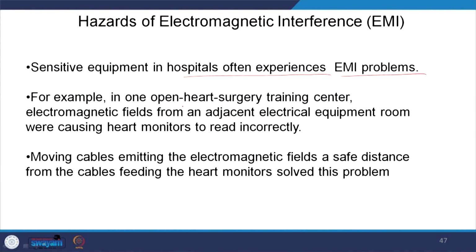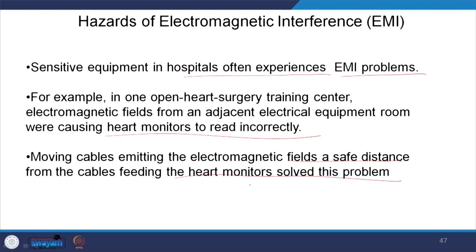For example, in one open heart surgery training center, the electromagnetic field from an adjacent electrical equipment room was causing the heart monitor to read incorrectly. So, this is a big problem there. Moving the cable emitting the electromagnetic fields to a safe distance from the cable feeding the heart monitor may solve the problem.